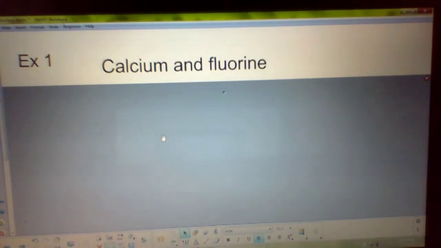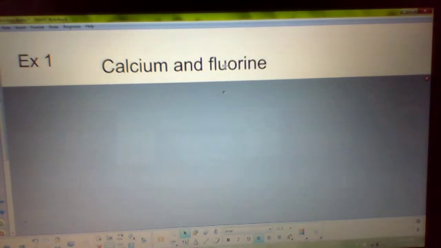The first part, as it says in the rule, is to put the symbols and their charges side by side. Calcium we can find on the periodic table, and fluorine we can find on the periodic table.